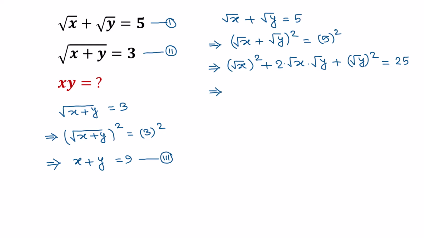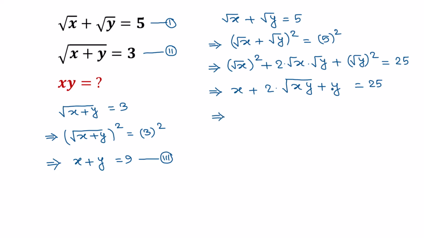The square root and square will cancel and it will be x plus 2 times square root of x times square root of y. We can write this as square root of x times y. So xy plus, here this square root and square will cancel and it will be y, is equal to the right side, 25.